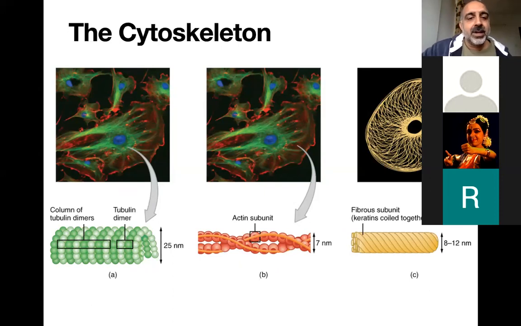All right. So what you're looking at here is various structures in the cytoskeleton. There's of course microtubules. Microtubules are made of tubulin dimers. Actin is made of actin monomers, and then you have intermediate filaments.